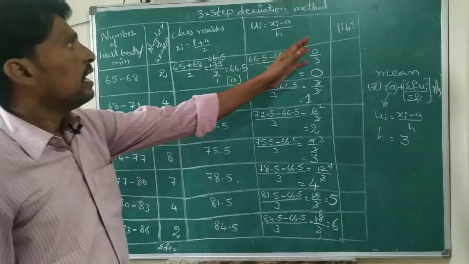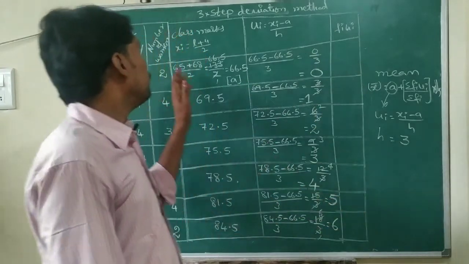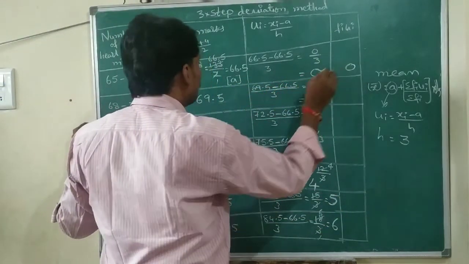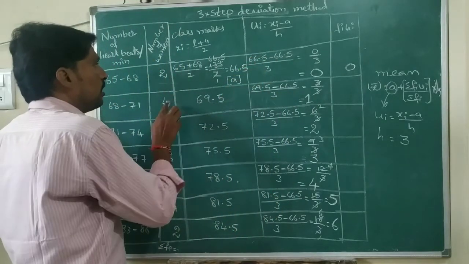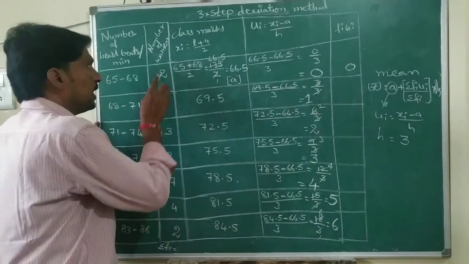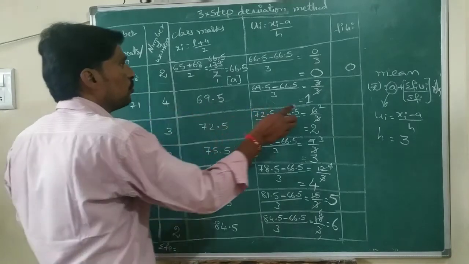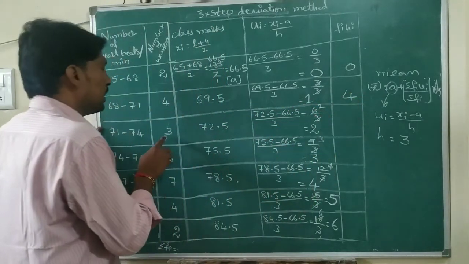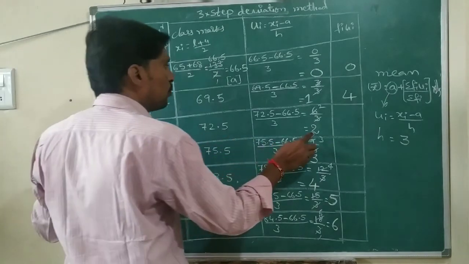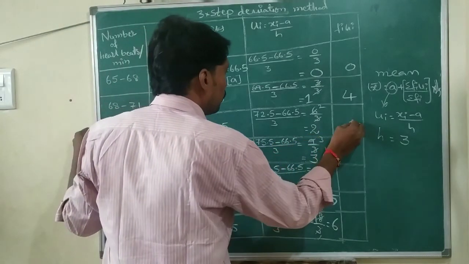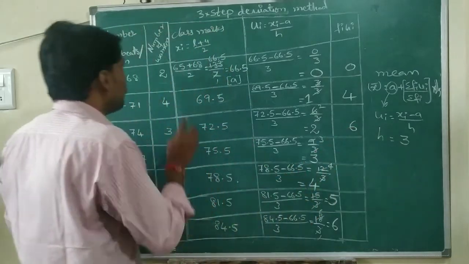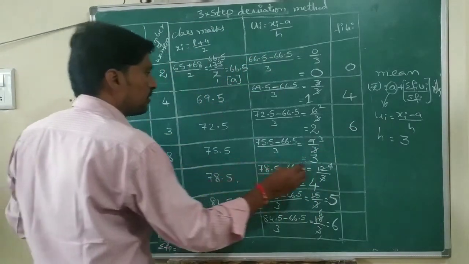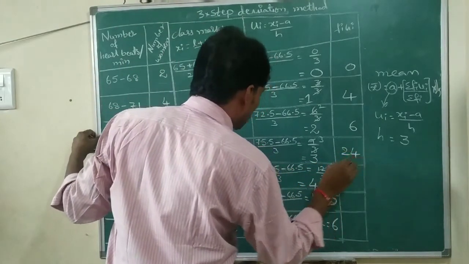Now we need to take fi and ui. Fi means frequencies. So 2 into 0 is 0. Next frequency is 4, ui is 1, 4 into 1 is 4. Next fi is 3, ui is 2, that is 6. fi is 8 and ui is 3, 8 threes are 24.